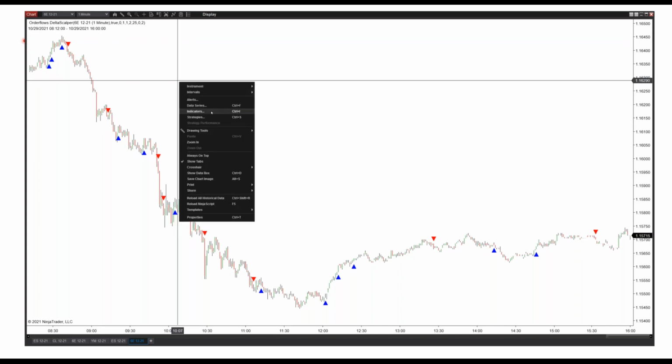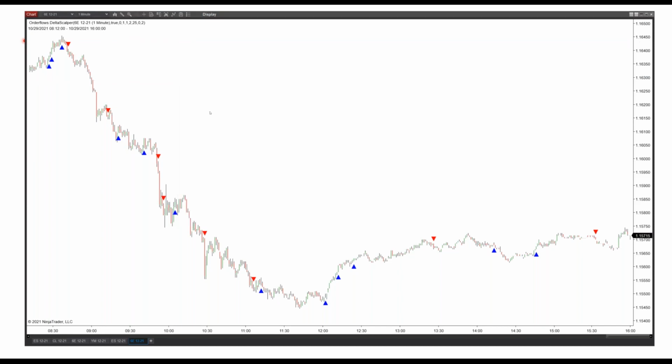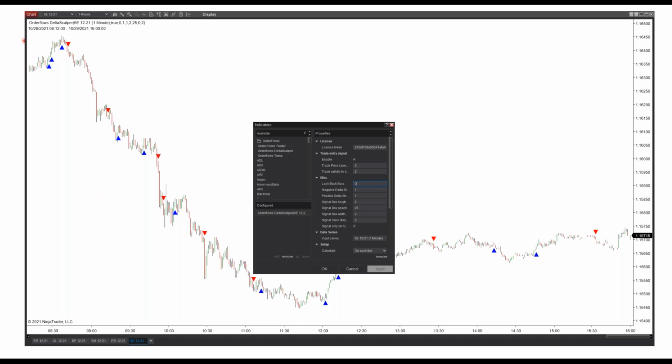Now, if I really want to find trend reversals, then I'll use a look back, because now I'm going back. If I have look back turned off, this is a simple way of looking for either momentum or every signal.